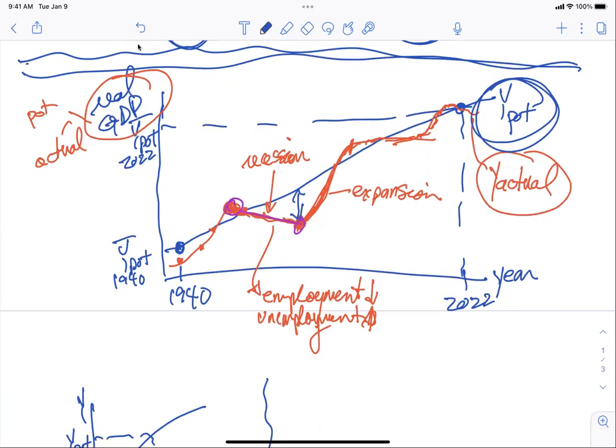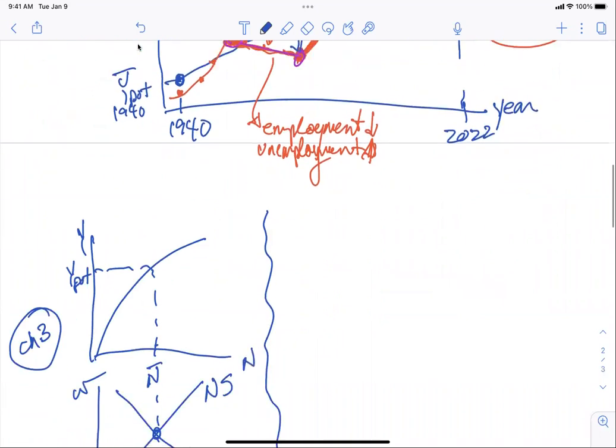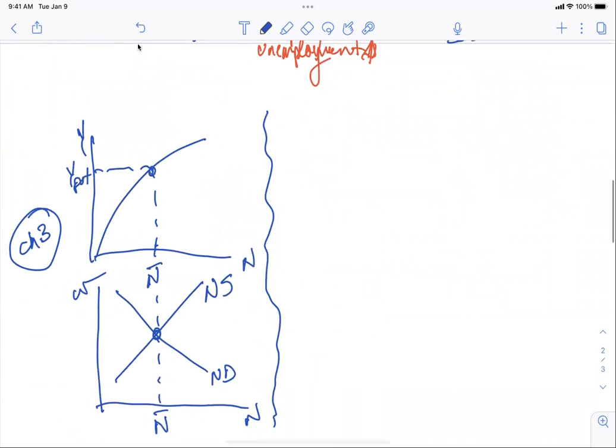Whereas actual GDP is what's happening every month, every week, every day. So this level of potential GDP, what is this production function determined by? The level of employment, the level of capital, the level of technology and infrastructure, et cetera. If it's not there, it's not affecting that.